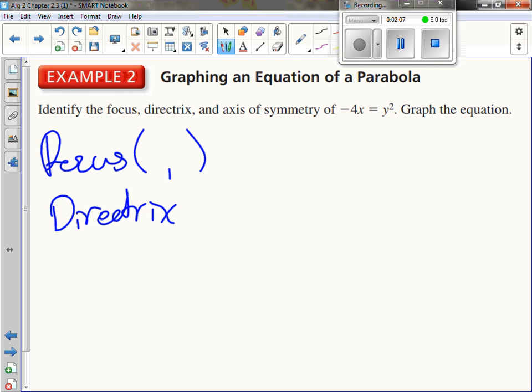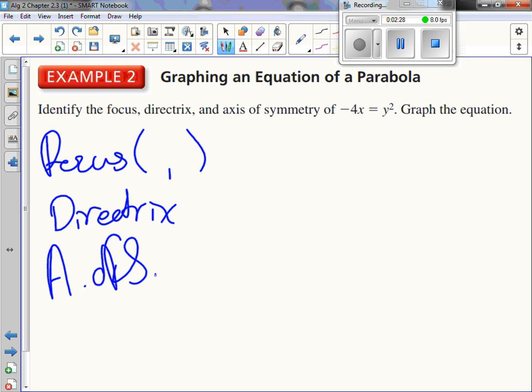The directrix is either y equals negative p or x is equal to negative p. So again, it all revolves around the value of p. Because when we have the value of p, we can find the focus and directrix, we can have all of this here.